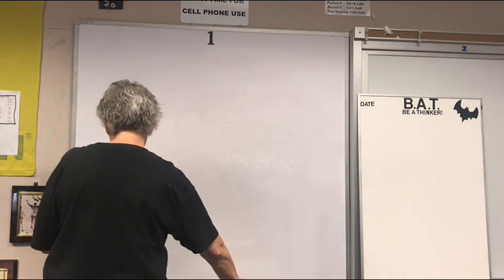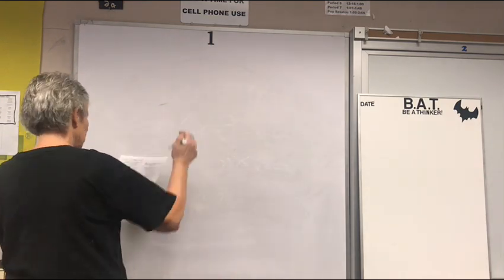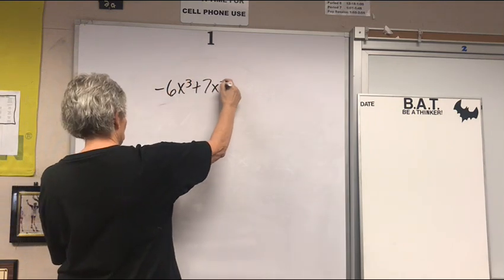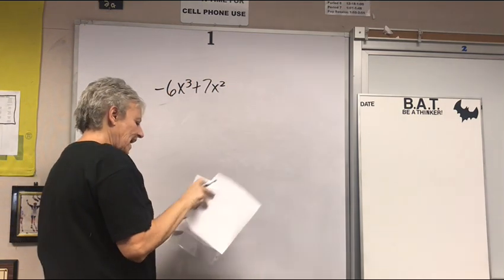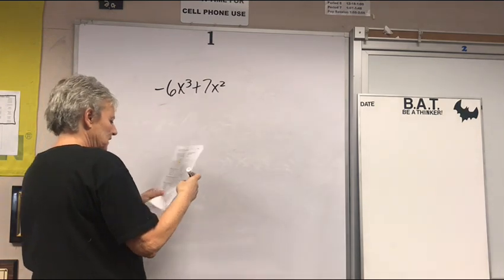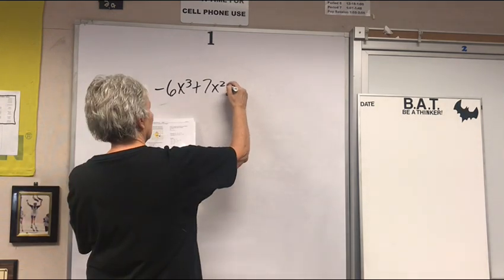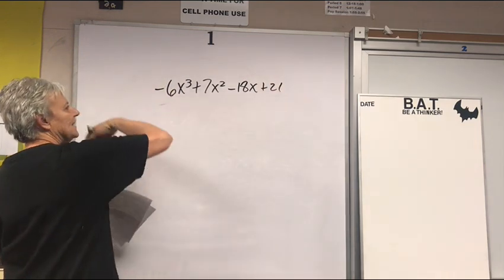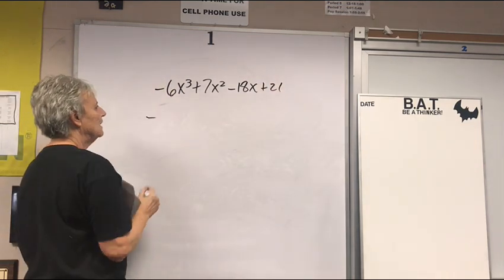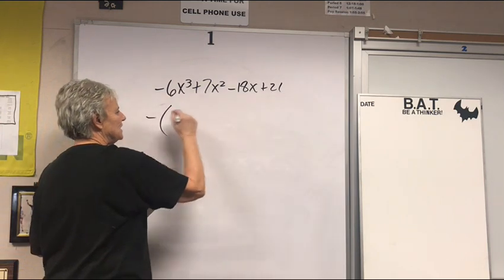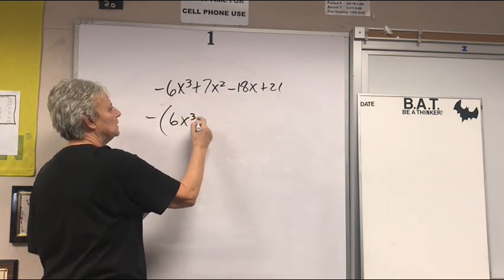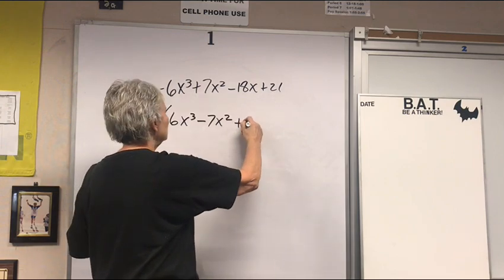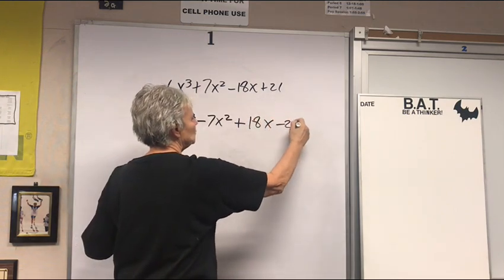This is something I haven't showed you, and I want you to watch. Negative 6x cubed plus 7x squared. I'm going to do the exact same problem again, only this time, since I know I'm going to get a negative, I'm going to pull out the negative completely. And I'm going to rewrite this as 6x cubed minus 7x squared plus 18x minus 21.